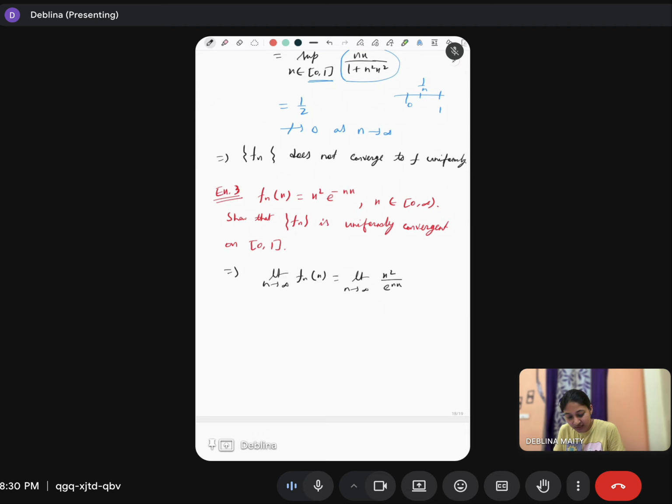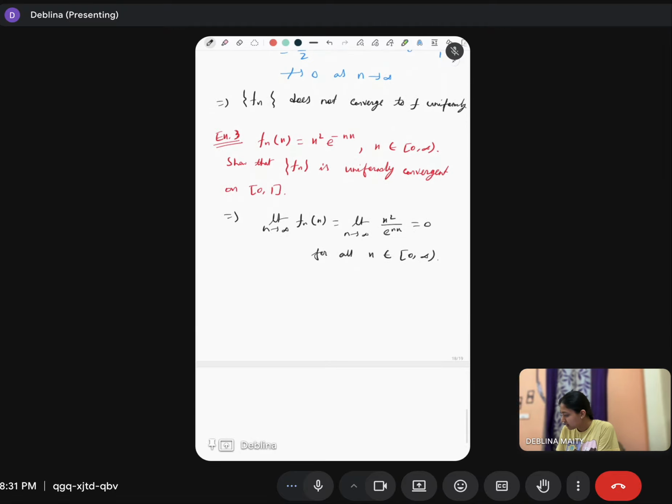So when n tends to infinity, for each fixed x, it is going to be 0, right?